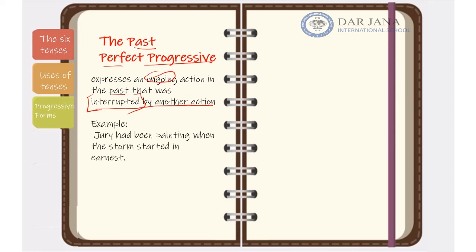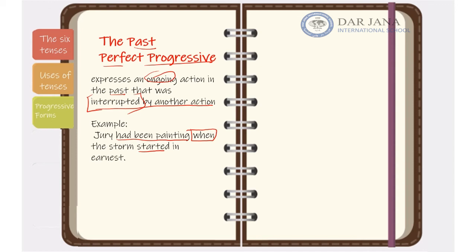Jury had been painting when the storm started in earnest. So we have 2 verbs here, had been painting and started. And you have the time post, which is when. Okay? So it seems that you have 2 actions happening at the same time, and one is interrupting the other. They're not happening simultaneously, but in conjunction with each other, but they are sort of in conflict with each other. All right?